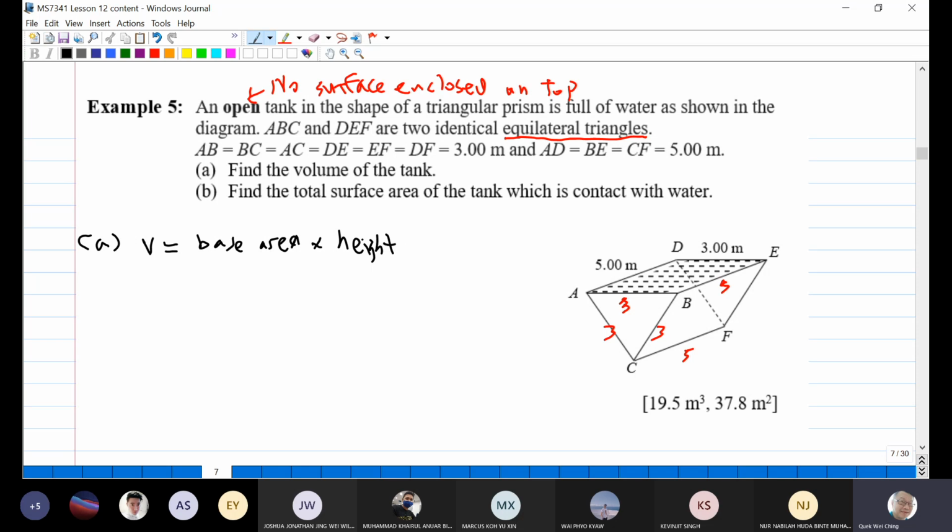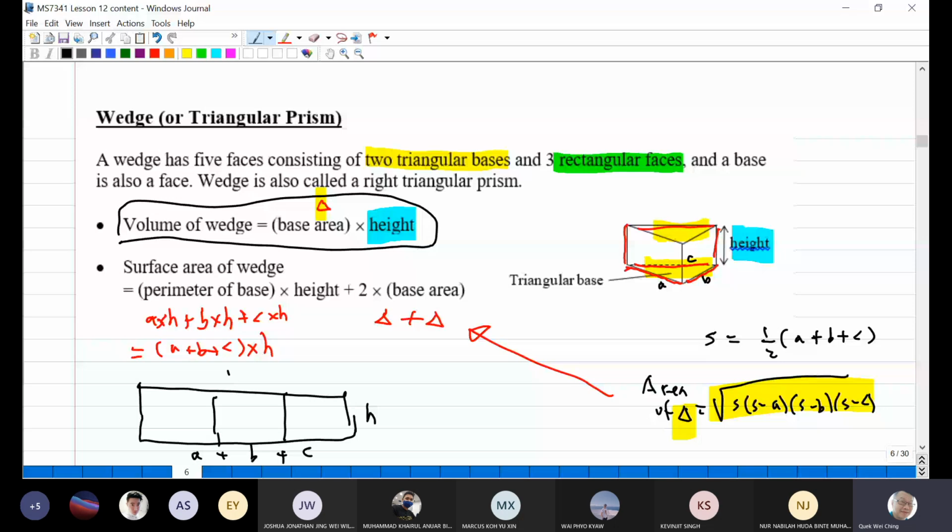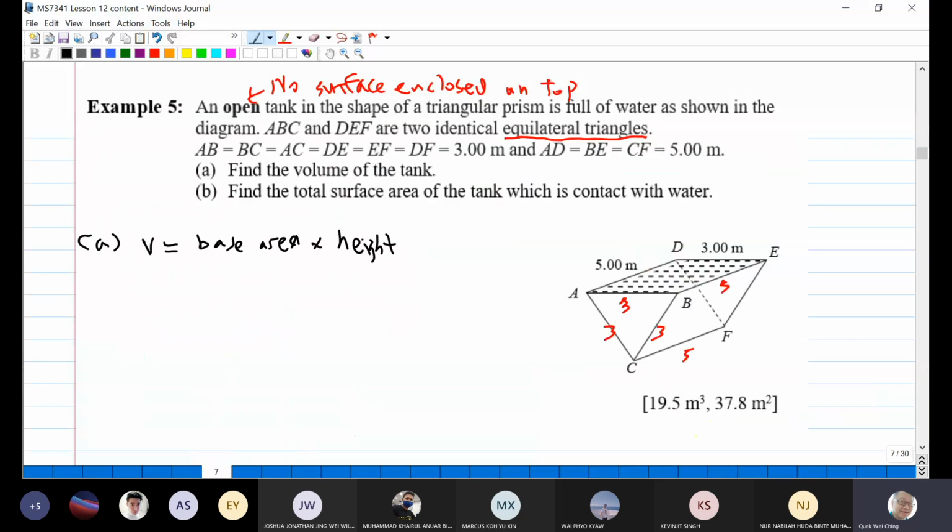So what is the base area now? Base area is actually, if you turn the wedge upside down, because this one doesn't look like a wedge, yeah? The base is a triangle now.